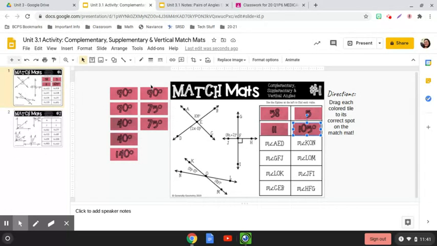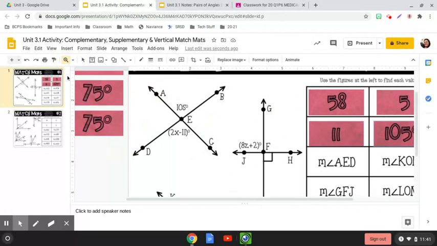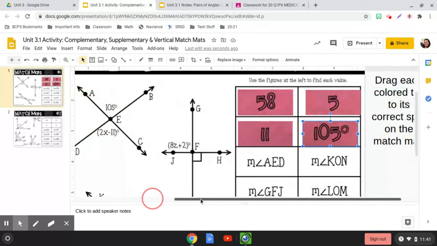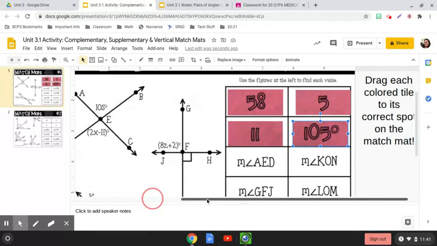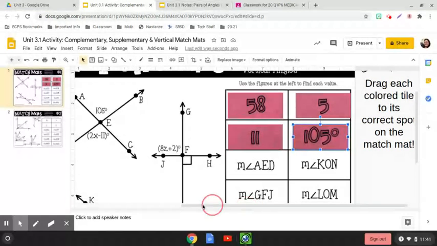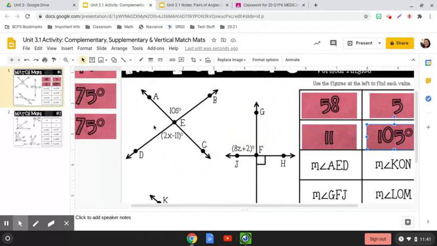Next on our list, we have the measure of AED. So we need to find AED. Angle AED is going to be right here.